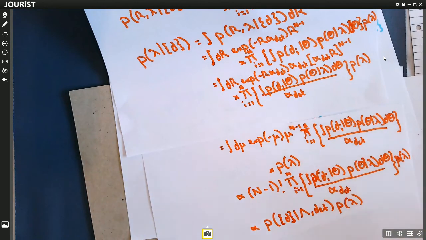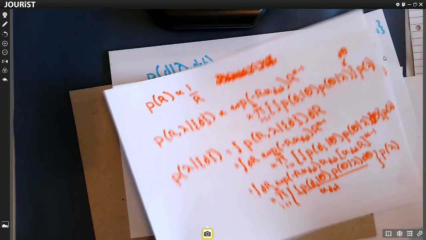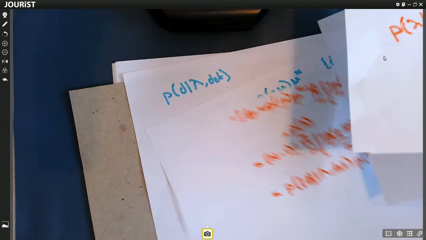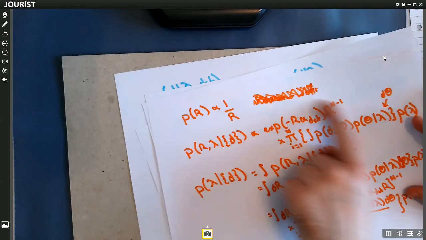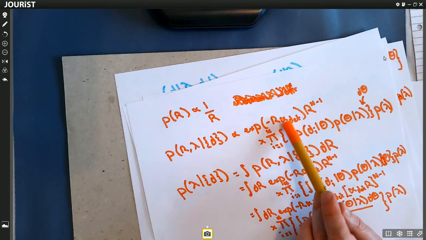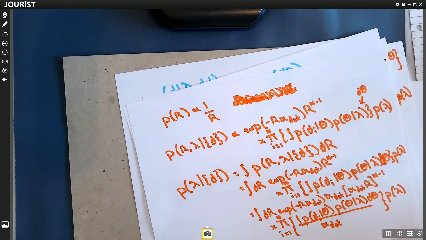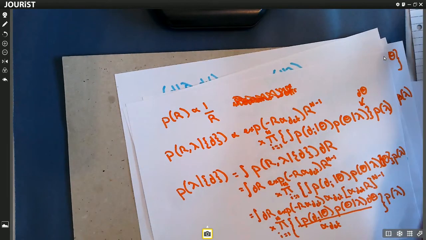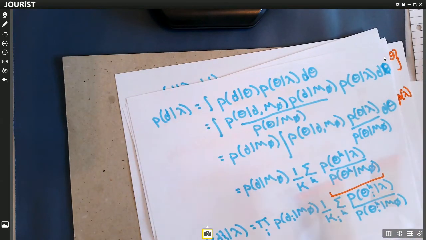Okay. So that's a lot of algebra. Given this formalism, we have a way of working out the probability distribution. We don't have to marginalize out over R. We can work out the number of detections we have. It depends on our distribution of sources, depends on this likelihood term here. This likelihood term here, we can calculate thanks to the posterior samples we have, just reweighting those.